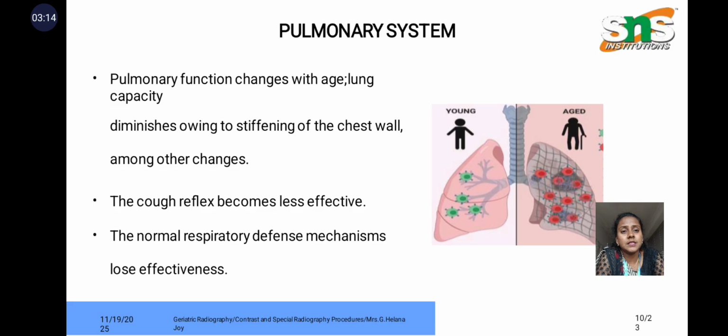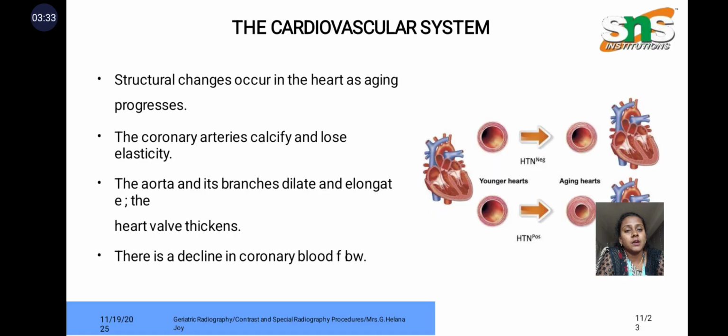In the pulmonary system, pulmonary function changes according to the patient's age, the lung capacity diminishes, and the chest wall also gets stiffened. The cough reflex becomes less effective, and the normal respiratory defense mechanism loses its effectiveness. In the cardiovascular system, some structural changes occur in the heart with the aging process.